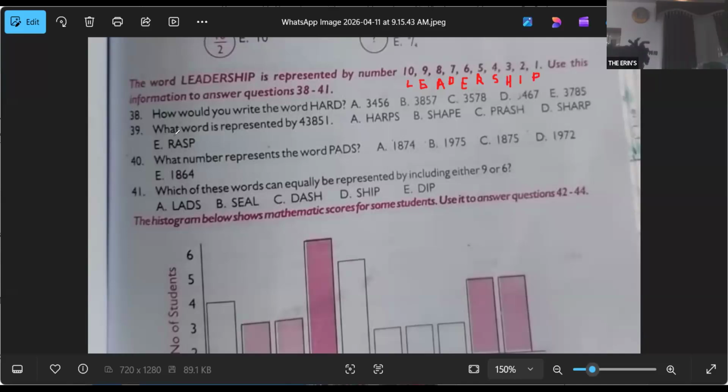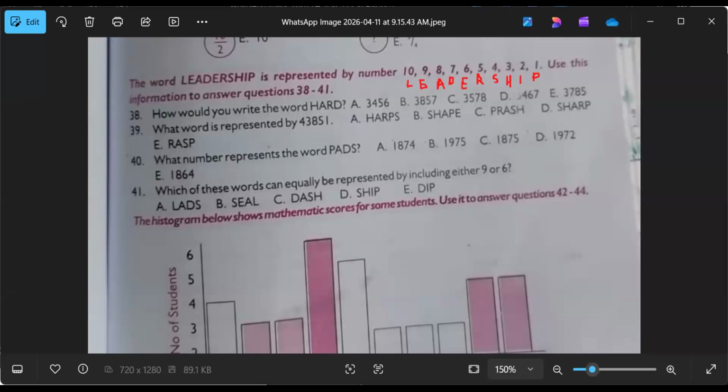Number 39 is 39, no, not 29. 39 is D. Yes, sir. Do we agree on that? Yes, sir.